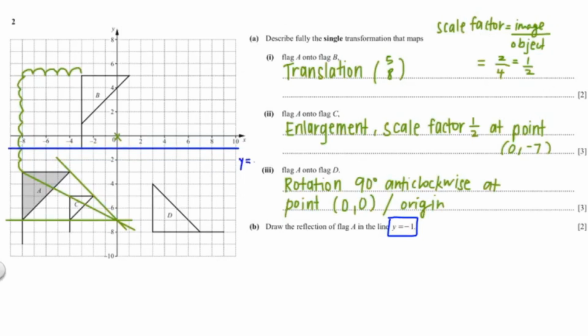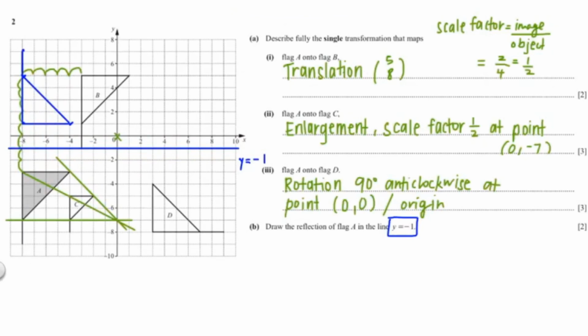So y equals -1. Now all we have to do is reflect flag A. So the points would be over here and here. Then I'm going to grab my ruler and draw the flag. Okay, so now we have our reflected image.